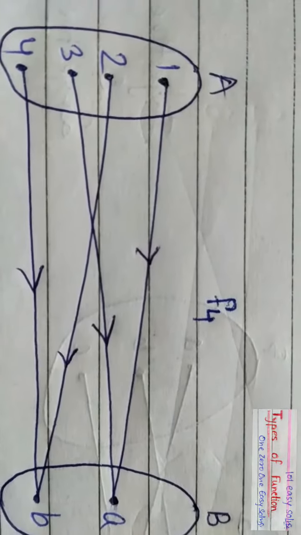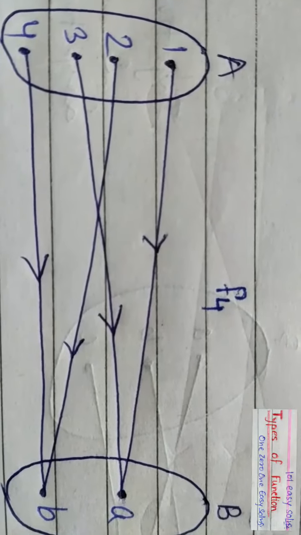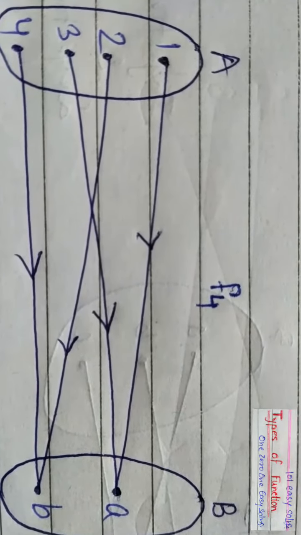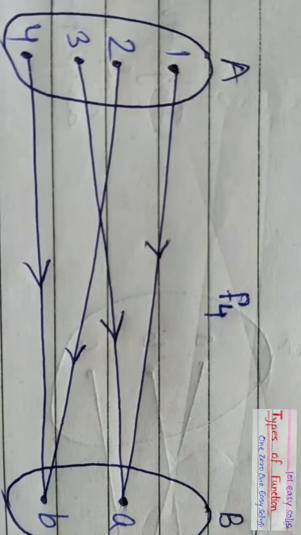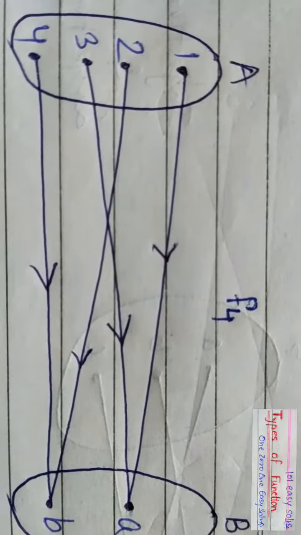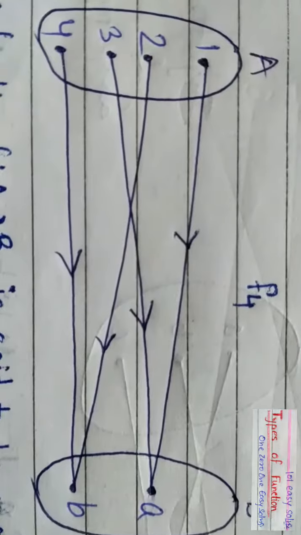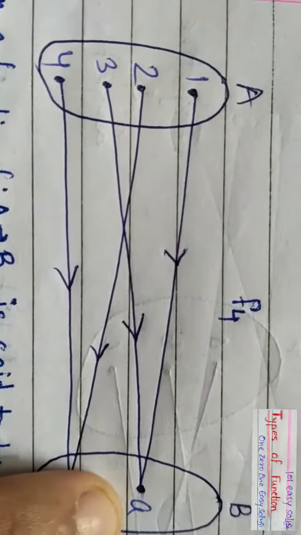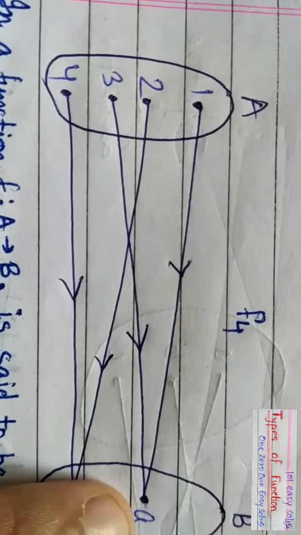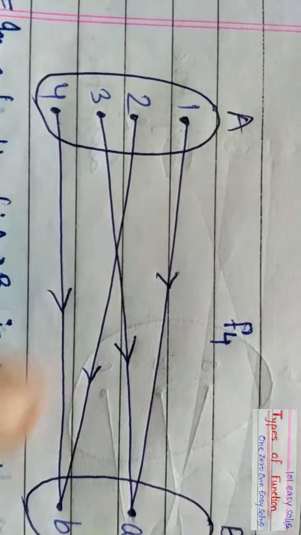Okay, you see the last one, the function f4 from A to B. Here 1, 2, 3, 4 are the members of A, and a, b are the members of B. The image of 1 is a, the image of 2 is b, the image of 3 is again a, and the image of 4 is b.